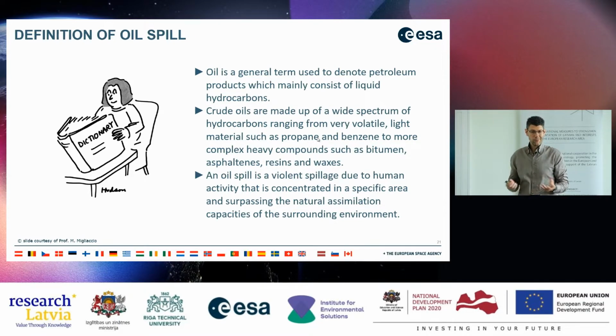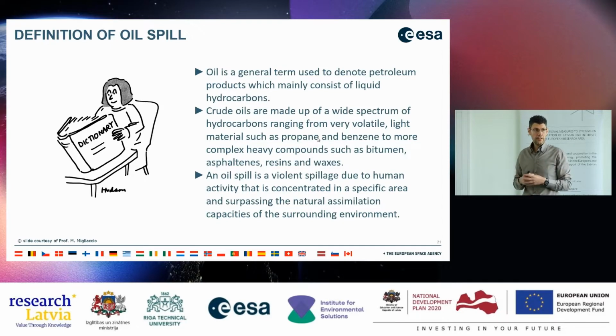Oil is a very generic term denoting all kinds of petroleum products that you find, especially crude oils, which are made up of a wide spectrum of hydrocarbons, ranging from very volatile components to very heavy components. What is defined as an oil spill, as you see here, is a violent spillage due to human activity.